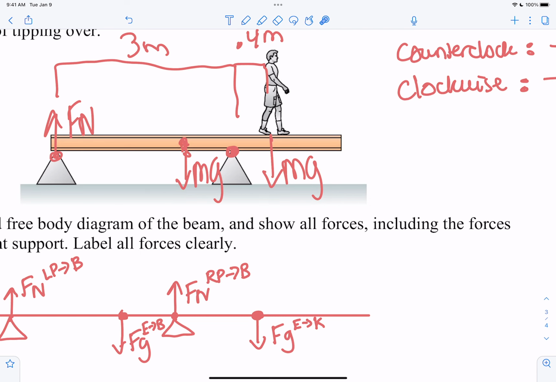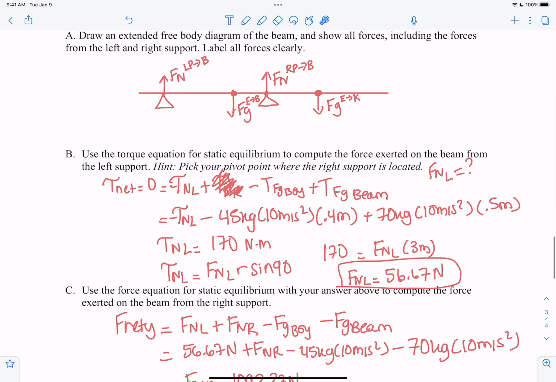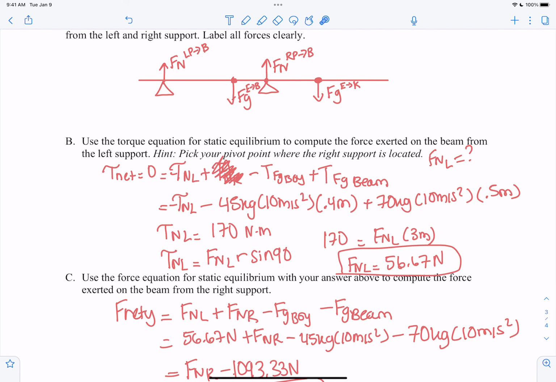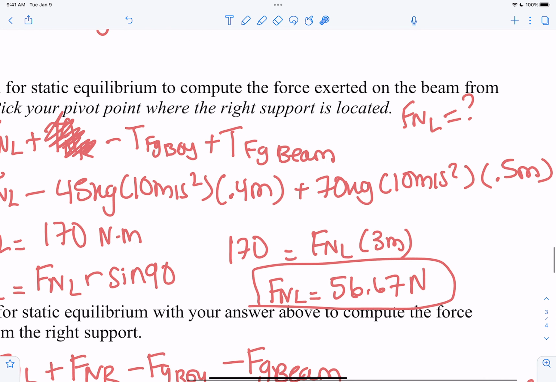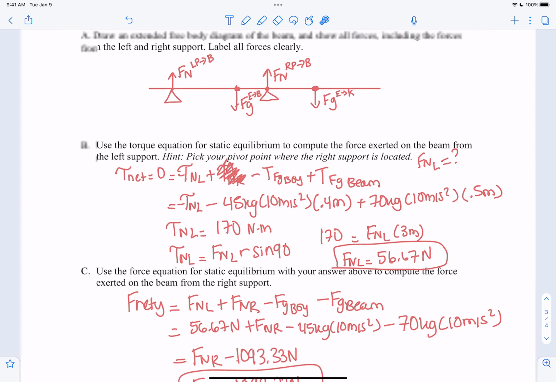That's counterclockwise. So that makes that aspect here positive. So the torque due to the beam is positive, and we kept it that way.